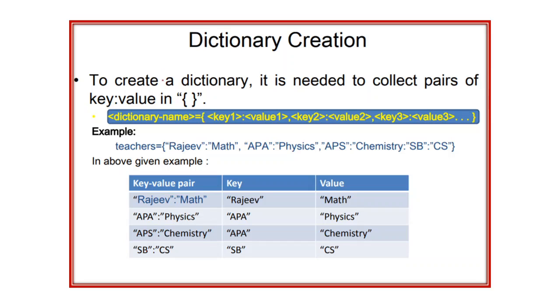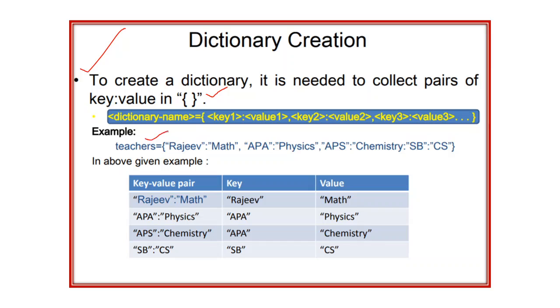Now students, let's see how we can create a dictionary. To create a dictionary, we need to collect key value pairs in curly braces. We can use curly braces to create a dictionary with key value pairs. This is the example.